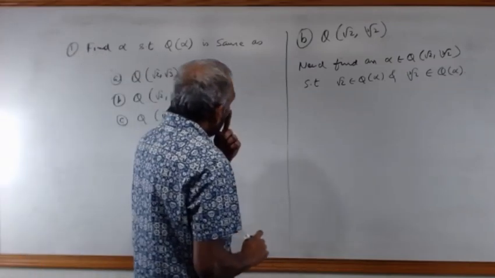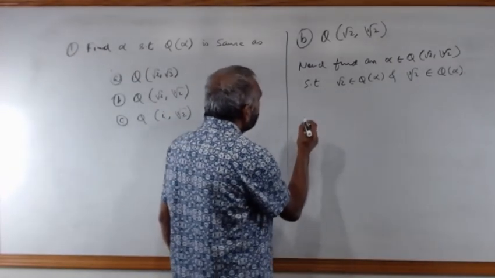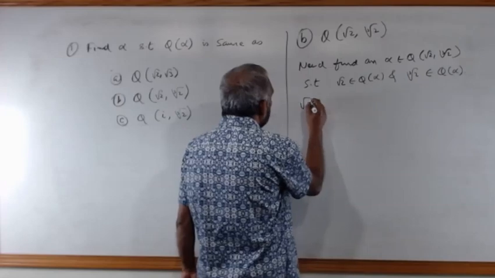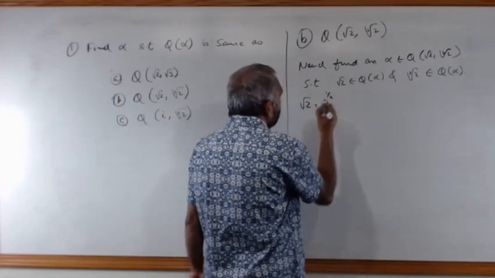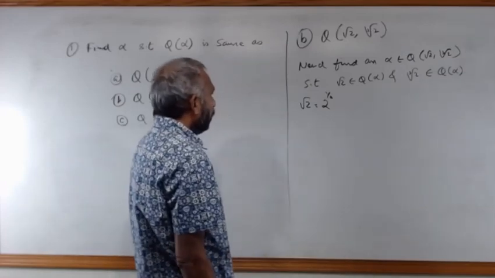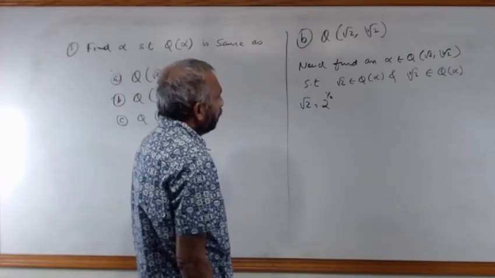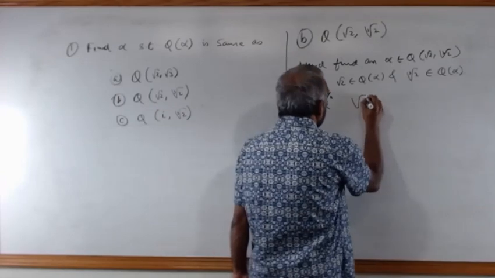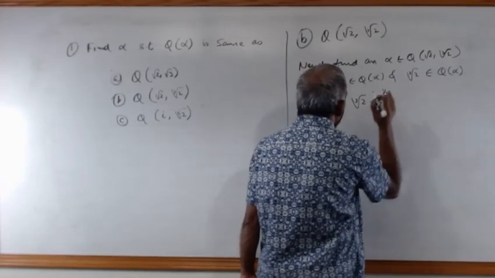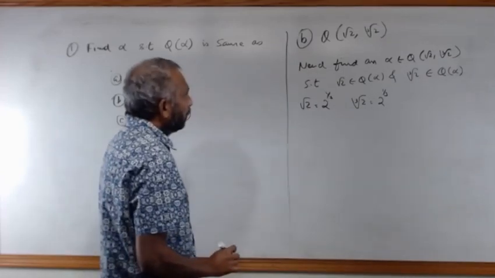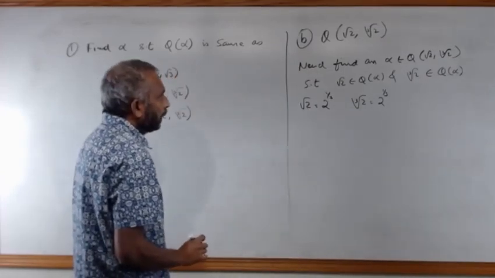Here, what is root 2? Root 2 is actually 2 to the power of half, and cube root of 2 is equal to 2 to the power of 1 by 3. Right?